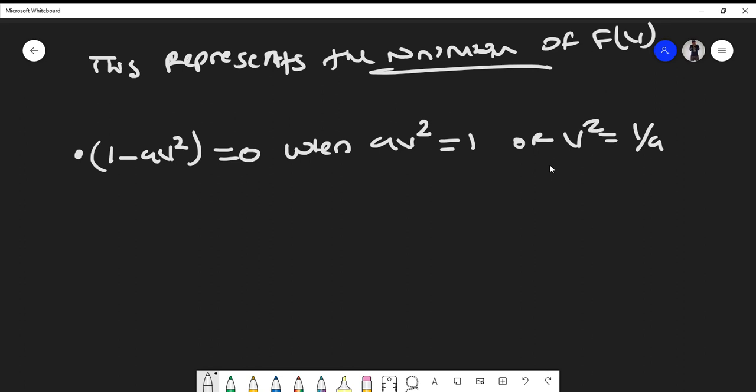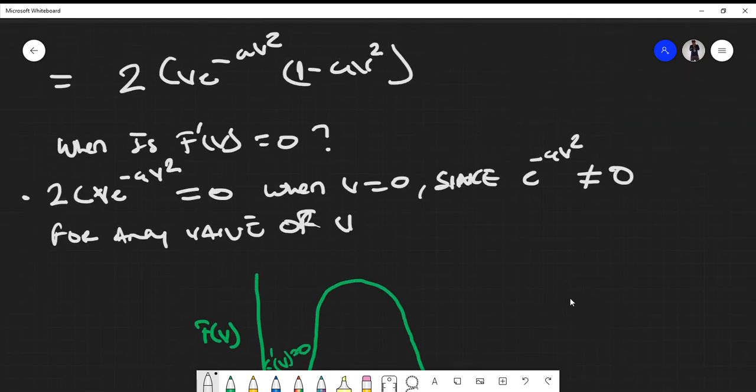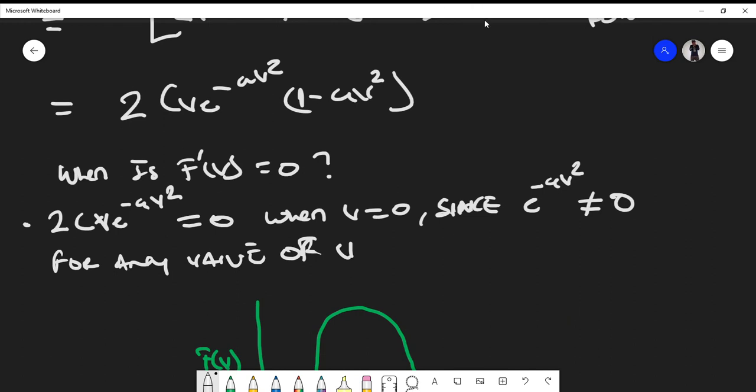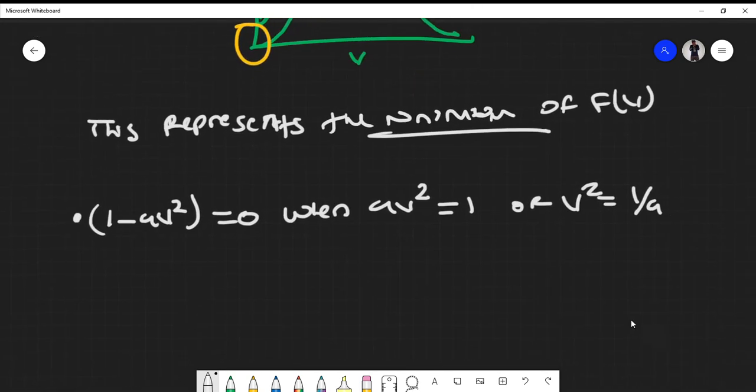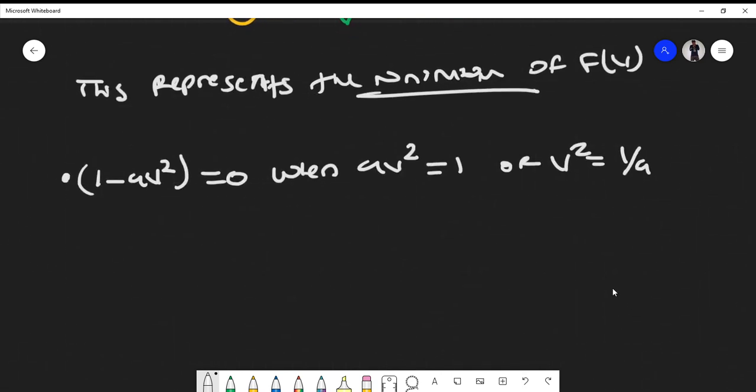So this is the part of the formula we're tackling. So 1 minus av squared is equal to 0 when av squared is equal to 1, or v squared is equal to 1 over a, or v is equal to 1 over the square root of a.